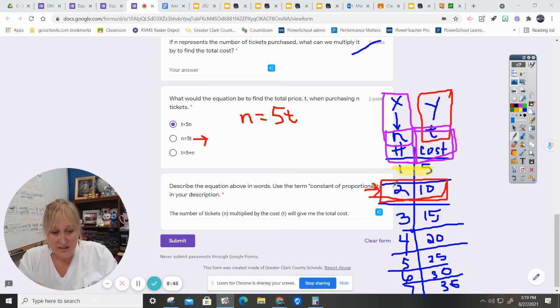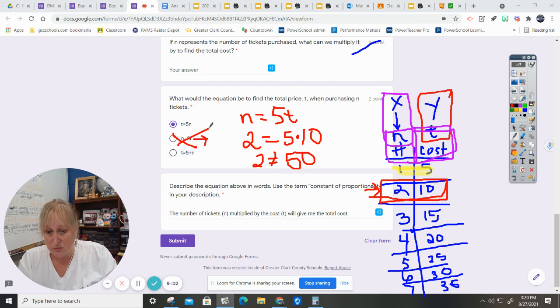So it's saying that N would be 2 and T would be 10. But my constant did not change. That's why it's called a constant. Well, see, it didn't work out. So 2 does not equal 50. So that's how I know that this is a wrong answer. And we could do the same thing with this one and test as well. So I wanted to make sure that I showed that.